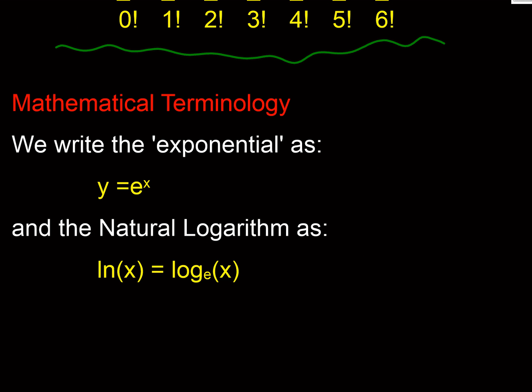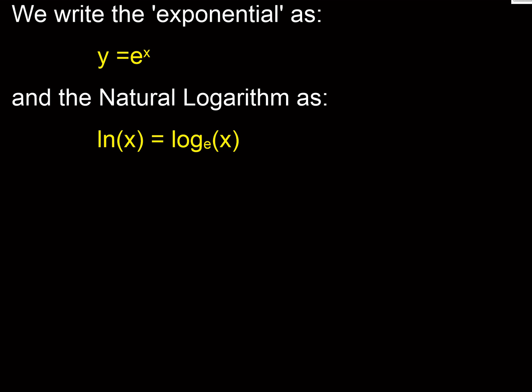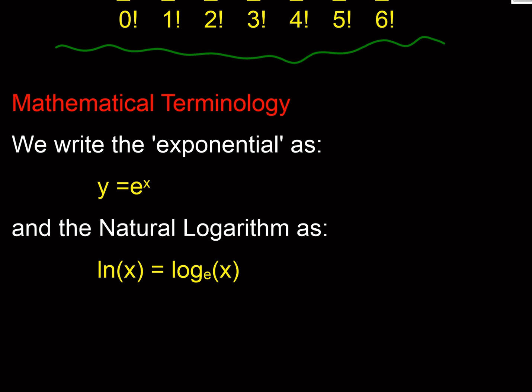And the only other thing for us to look at today is terminology. We have ways of writing this exponential when we're using this value 2.71. If we're doing exponentials, we go y equals e to the x. So rather than putting a 2 to the x or a 10 to the x, we just write e to the x.